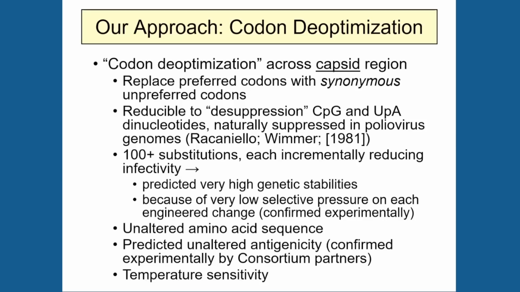There would be an unaltered amino acid sequence, and a prediction of unaltered antigenicity, which our consortium partners confirmed experimentally. In addition, codon deoptimization in the polio capsid conferred temperature sensitivity to the virus. And temperature sensitivity is a favorable property that is common in many attenuated vaccines.